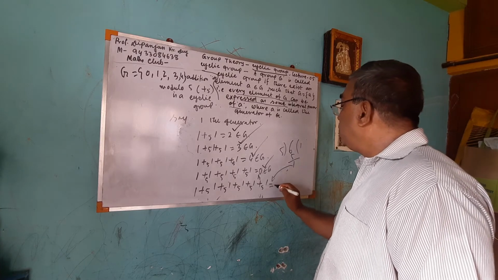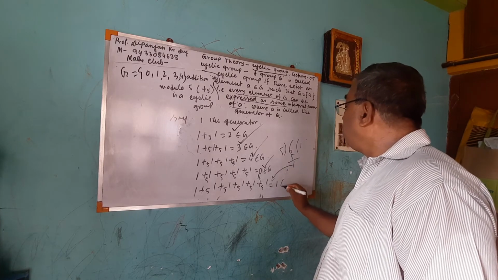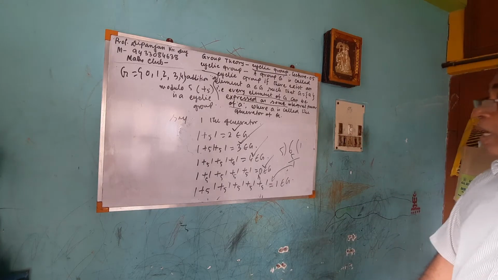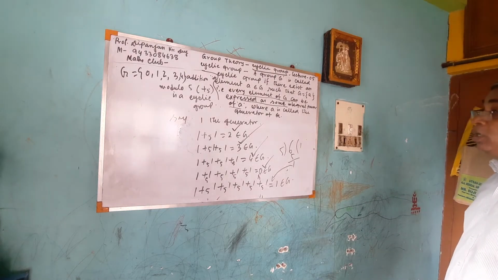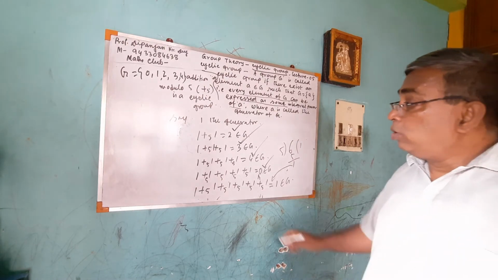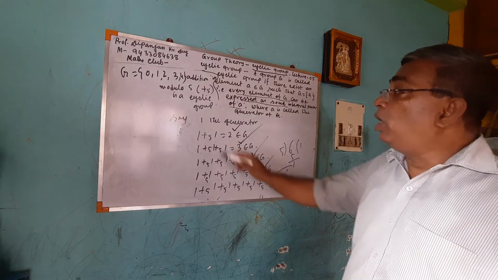This 1 comes here. 1 belongs to G also. So we are getting all elements 0, 1, 2, 3, 4. That means we can say 1 is the generator.